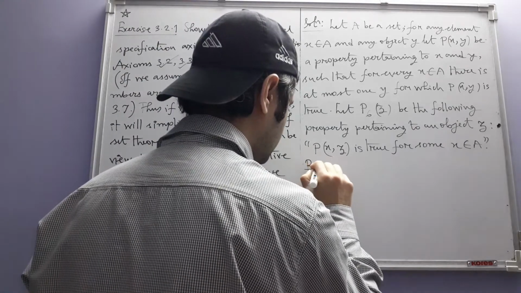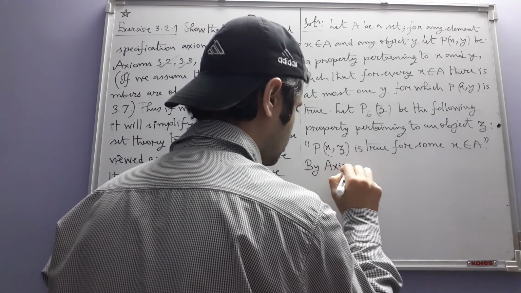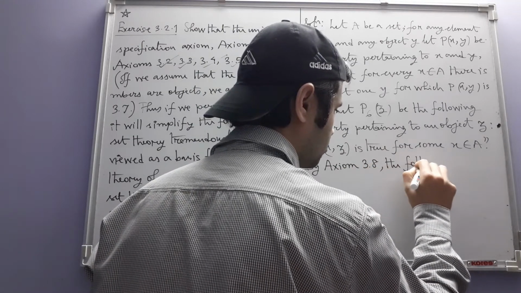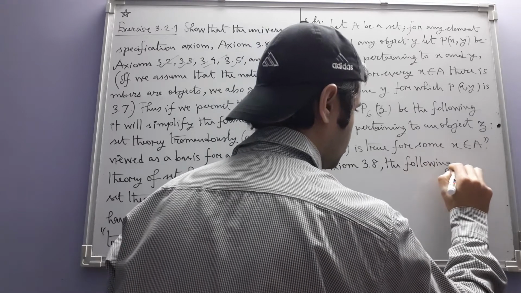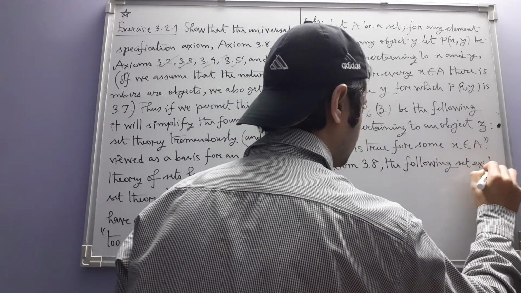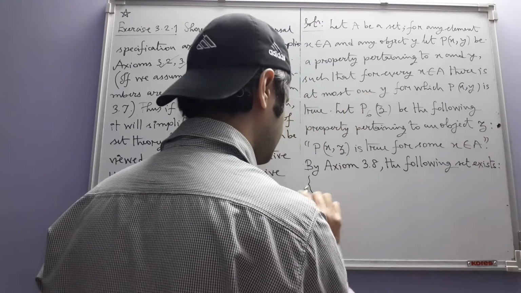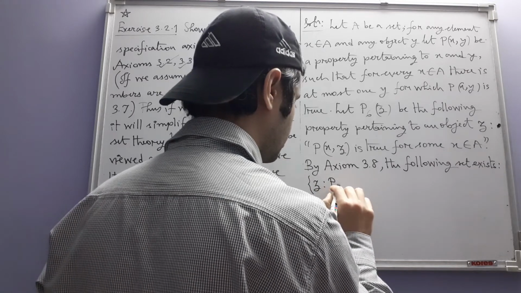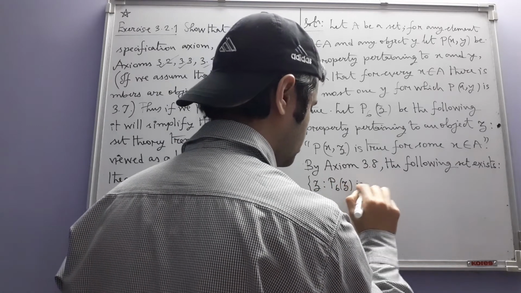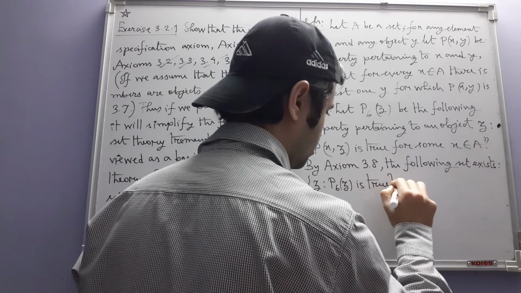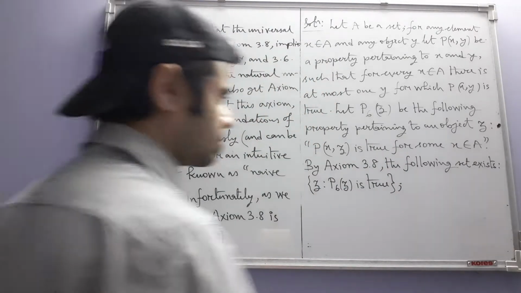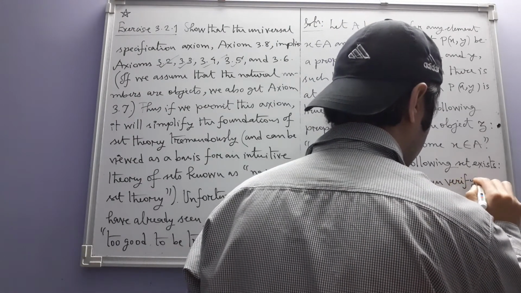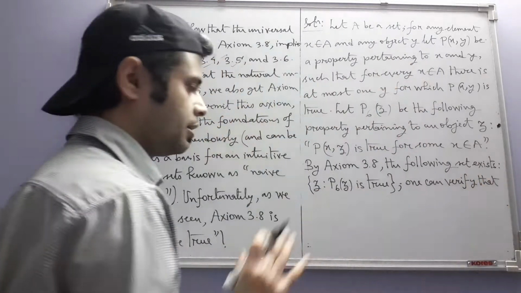So by axiom 3.8, this set exists: the set of all objects z such that P6z is true. One can verify that this is the set that we want.